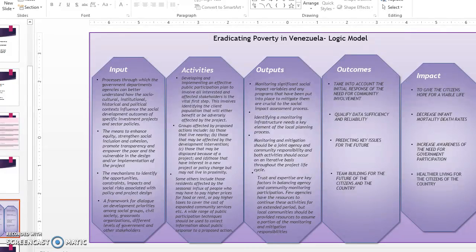And within the input, you will have a framework that will develop civil society and grassroots organizations to help the people along with the government and their stakeholders.